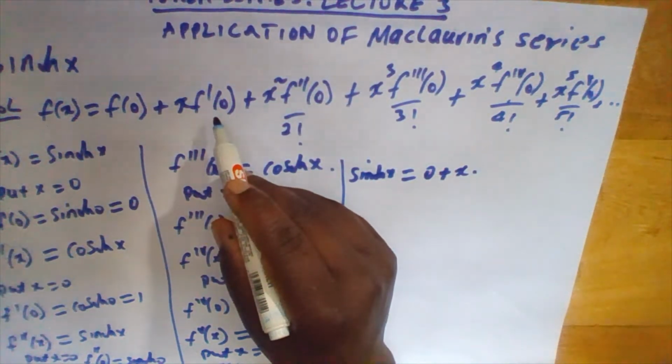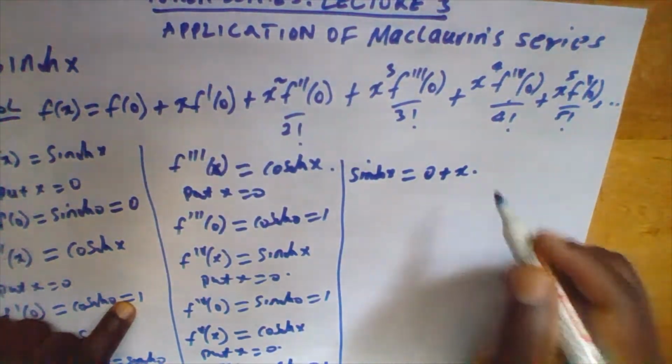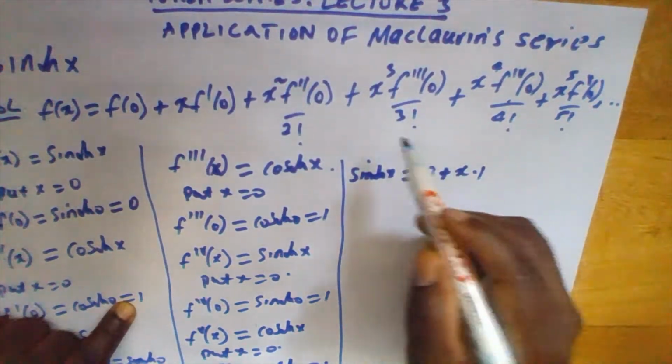Our f prime of 0 is 1, so we have x times 1.